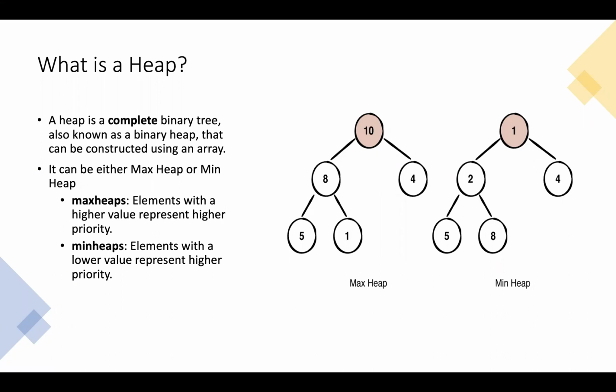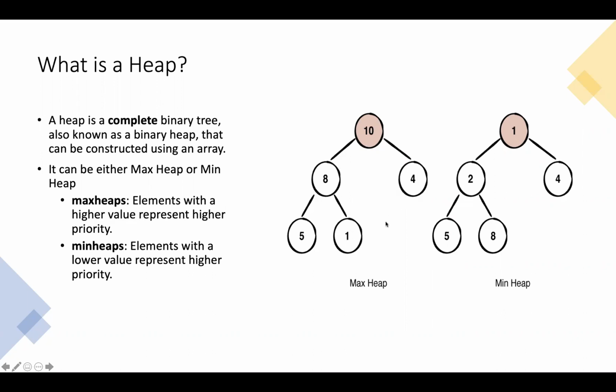There are two types of heap: a max heap or a min heap. If it is a max heap, for all the nodes in the tree, the value at a particular node is greater than its left child or right child. Here, 10 is bigger than 8 and 4, and 8 is bigger than 5 and 1.